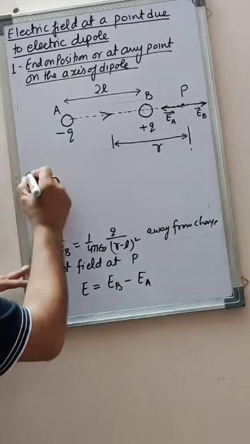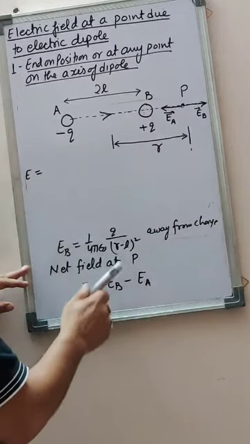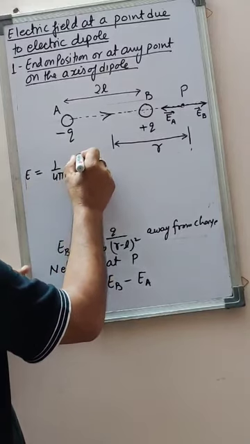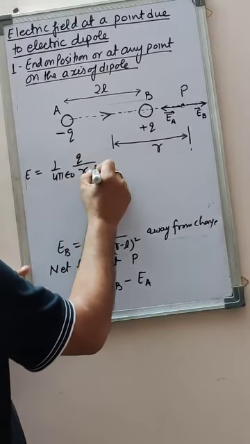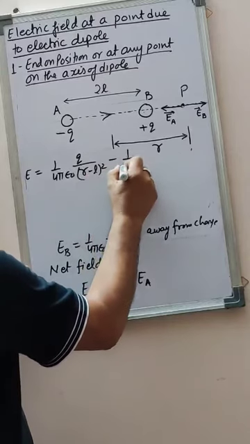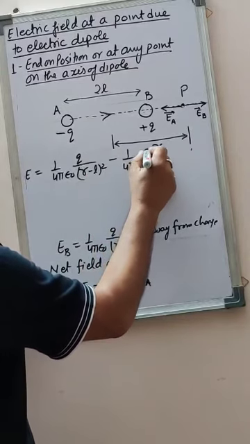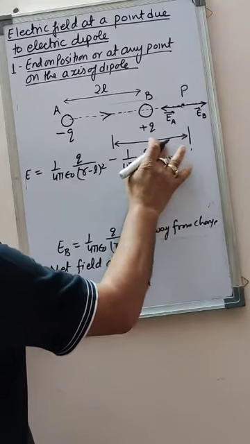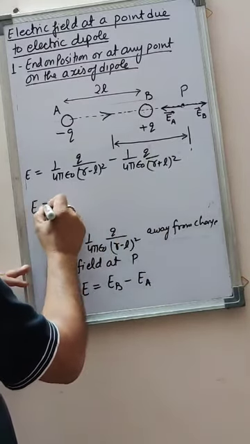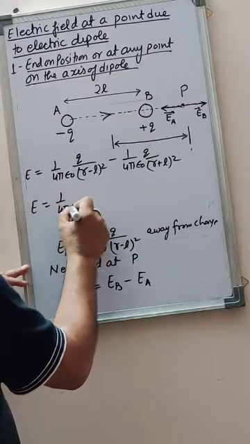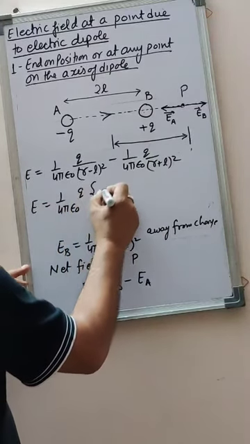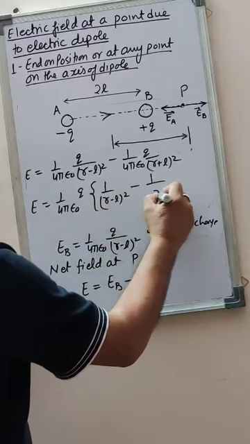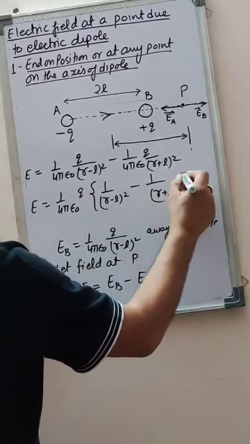So net field E will be equal to 1 by 4 pi epsilon naught Q upon R minus L whole square, minus 1 by 4 pi epsilon naught Q upon R plus L whole square. 1 by 4 pi epsilon naught common, Q common, 1 by R minus L whole square minus 1 by R plus L whole square.